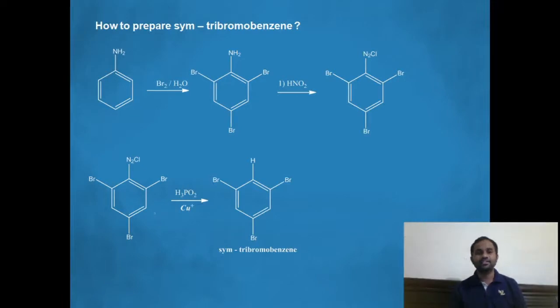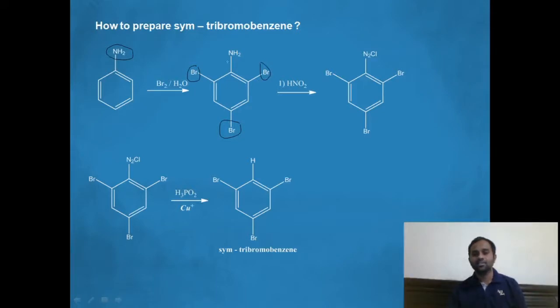Here this aniline, you know, this is a strong ortho-para directing group. This is more reactive towards electrophilic substitution reaction. So aniline, upon treating with bromine water, will undergo bromination at 3 positions to give 2, 4, 6 tribromoaniline as the product.